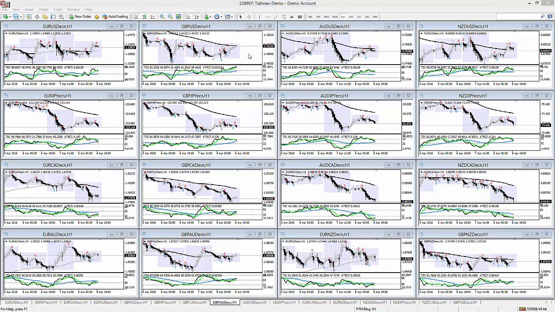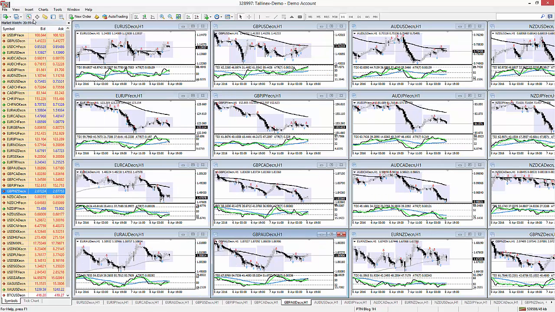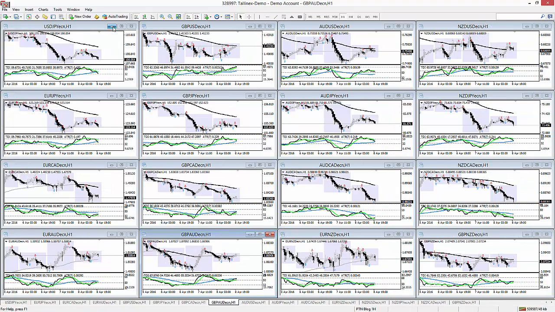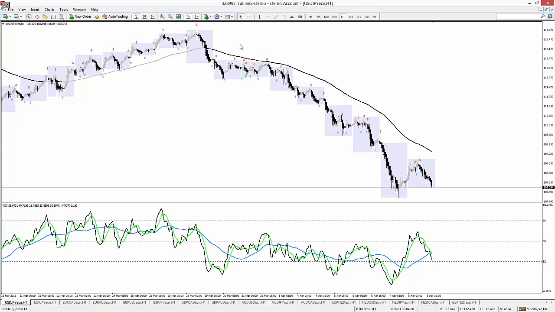Now you can see here, as far as next week goes, we're setting up on some nice divergence trades right here. And this whole idea with the yen: if you listen to all the talking heads, they're saying the yen's going to go down to 105. I don't even have the USD on this chart, but look at this.